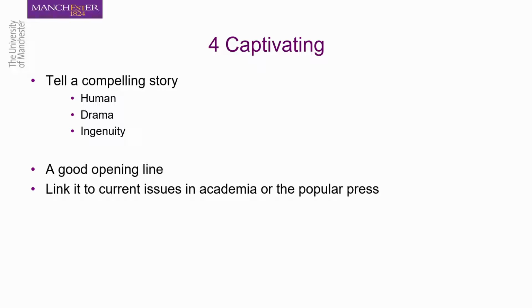These are current issues, and people can see how your research might be relevant to their lives. And the final one is you want to conclude your science in context.